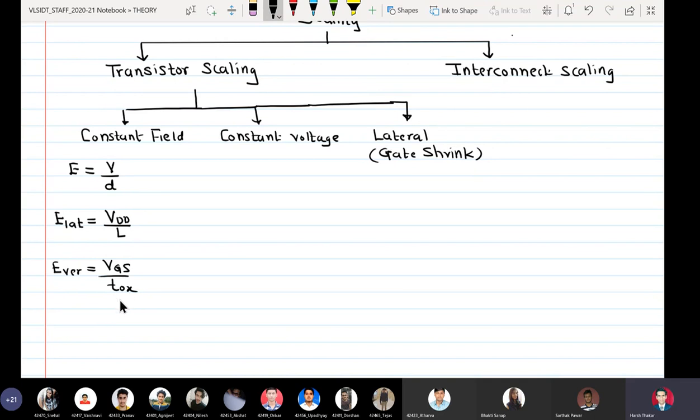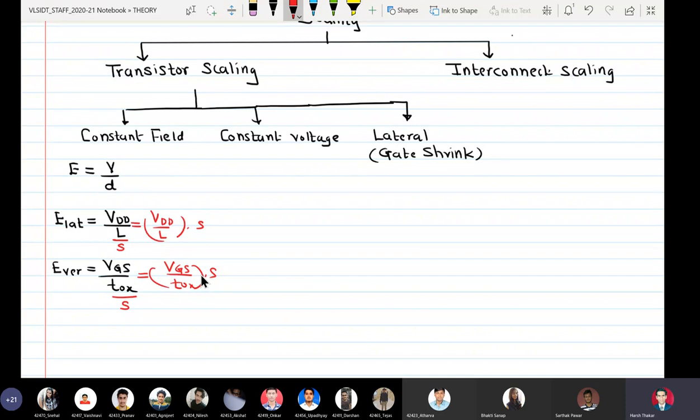If I scale down the length L by S, my new field will be VDD upon L over S. Similarly, if I scale down the oxide thickness by S, my new field will be VGS upon Tox over S. Because S is greater than 1, my field will not remain constant.